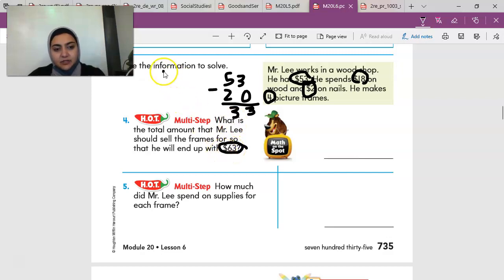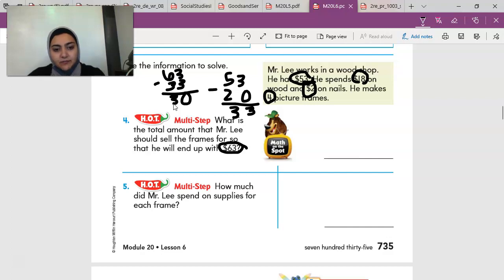So let's see, how much more money does he need to have $63? So let's see, 63, take away how much he has, which is 33, equals how much he needs to get to that amount. So 3 take away 3 is 0, and 6 take away 3 is 3. He needs $30 more.